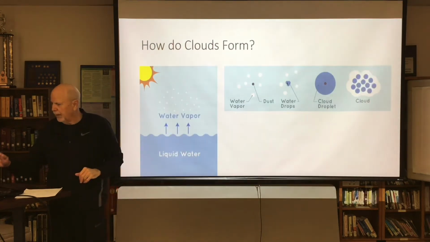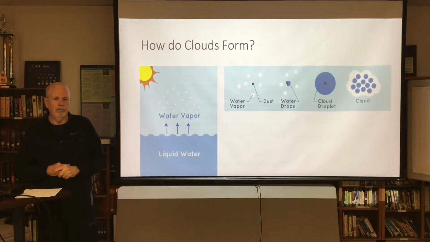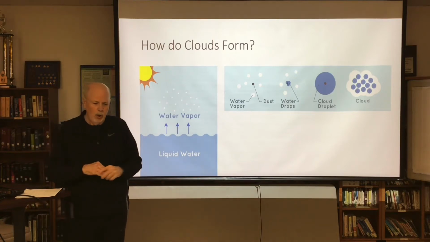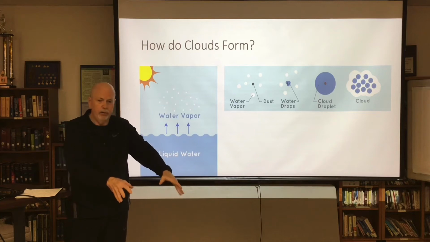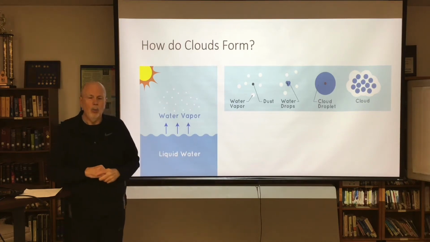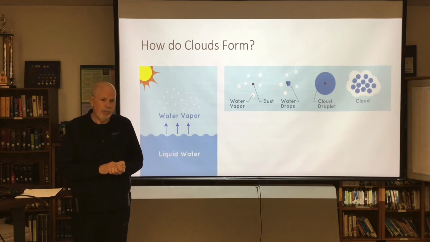We want to talk about how these clouds form. Now you remember yesterday when I said after a rain or even after the snow, there's a puddle or water on the ground. Where does that water go? Well, we said that it evaporates.